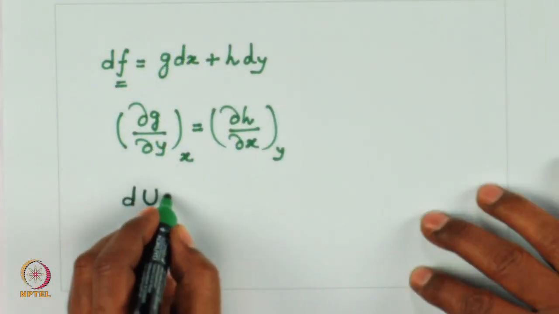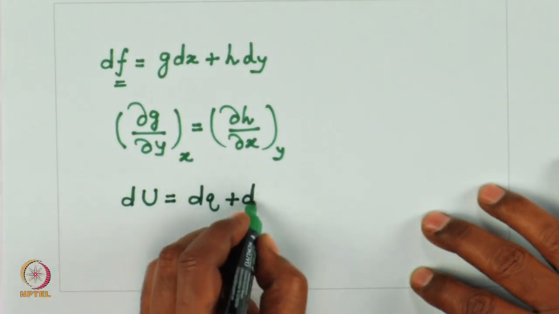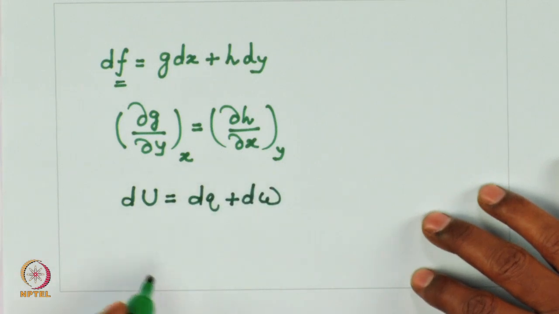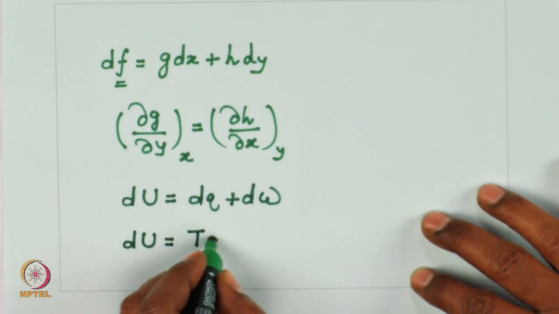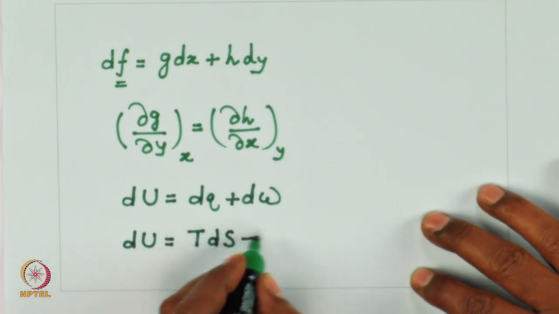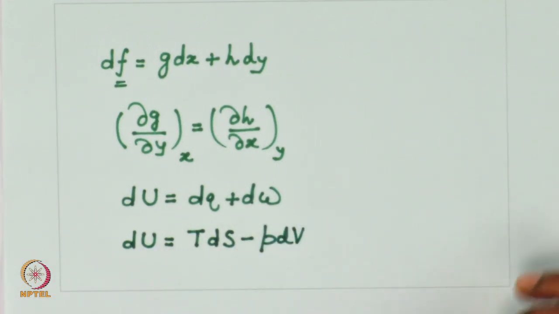From the first law of thermodynamics, we had written dU is equal to dq plus dw, and for a reversible change I can write, instead of dq, T dS minus P dV. Now we know that U is a state property, therefore, dU is an exact differential.